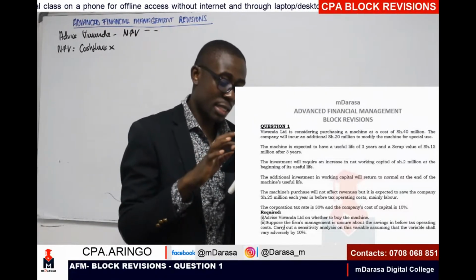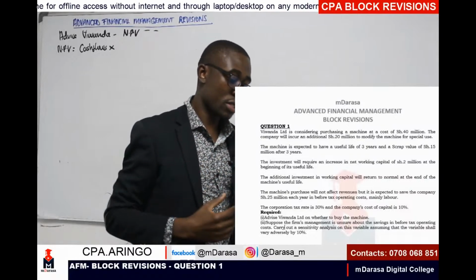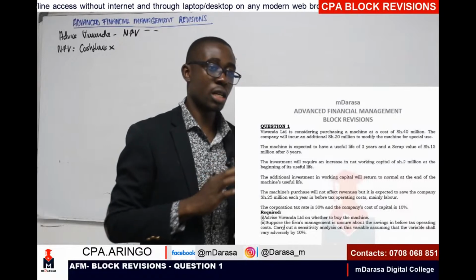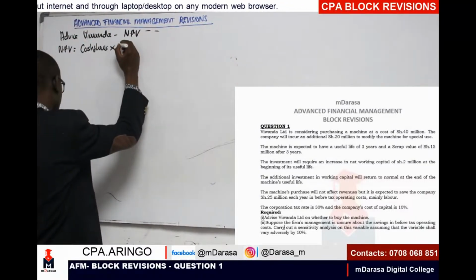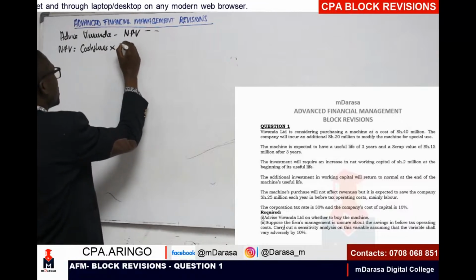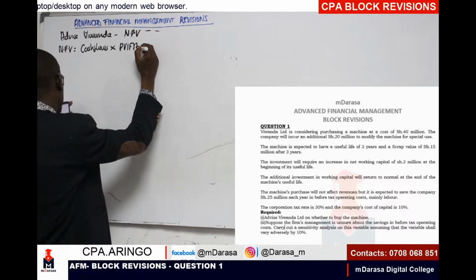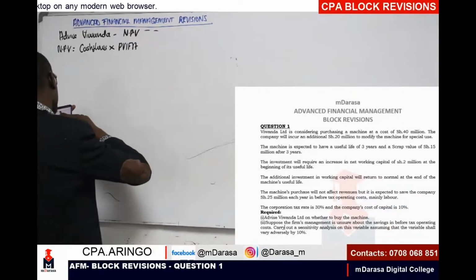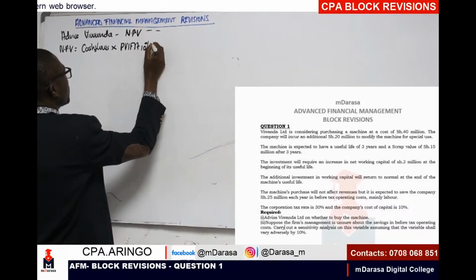If you check that statement, you're told the machine purchase will not affect revenues, but is expected to save the company 25 million each year. So that saving is our cash flow each year for 3 years. So that is present value interest factor, annuity, given our cost of capital of 10%, 3 years.